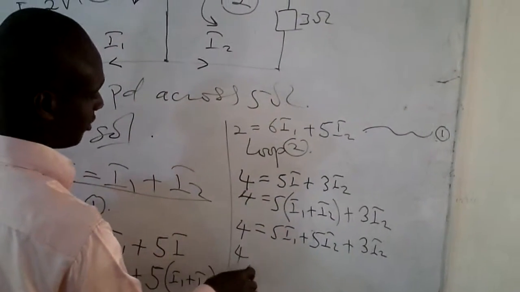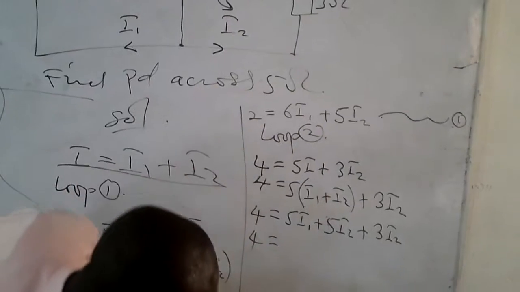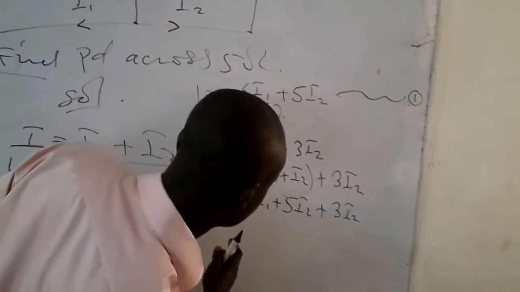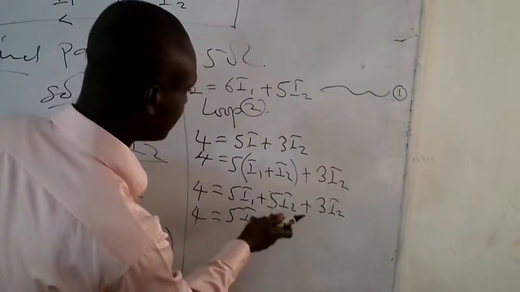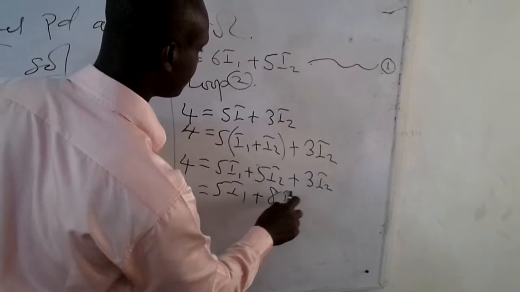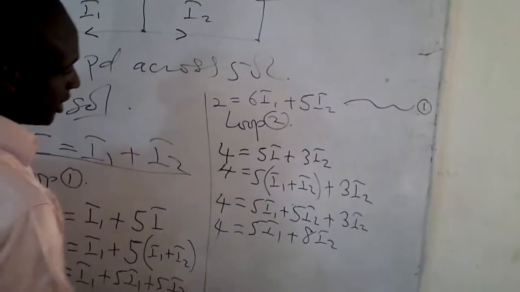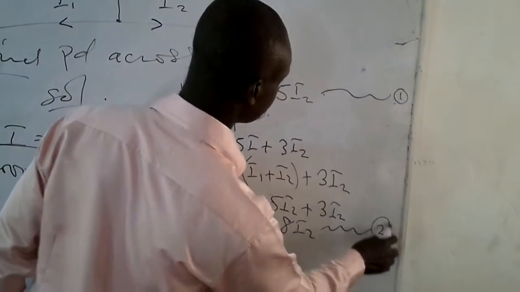Then 4 will be equal to 5I1 plus, so I have 5I1 here, then 5I2 plus 3I2 will give you 8I2, and this will be our equation 2.